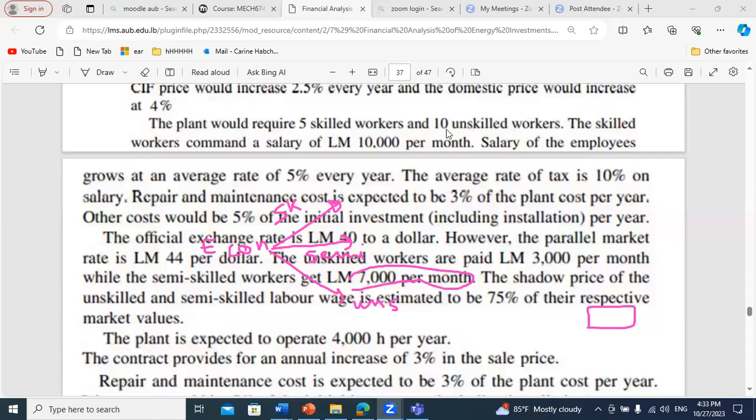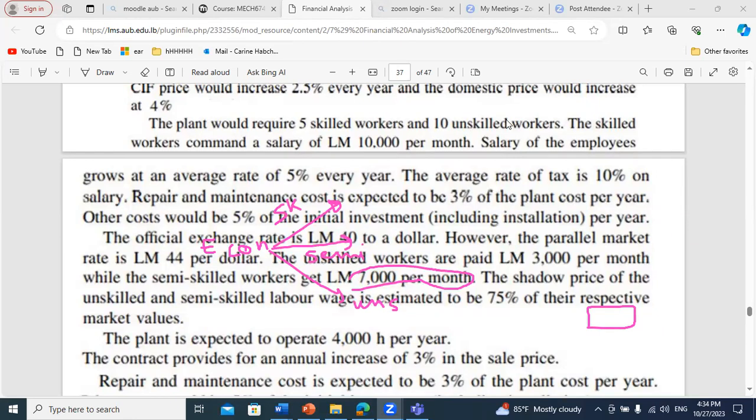In case we also have semi-skilled workers, we can add them with unskilled workers since they have the same percentage of reduction, but we should mention the salary if there is a difference.